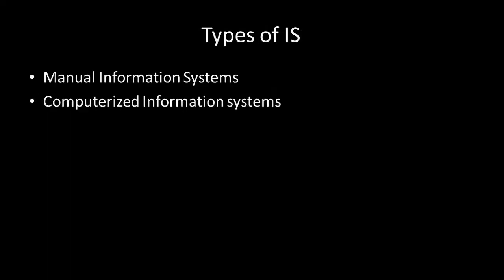In creating this type of information system, when we look at the environment, there are two types of information systems. Mainly we find the manual information system, which is available in any business organization, or sometimes with people in their day-to-day business activities.